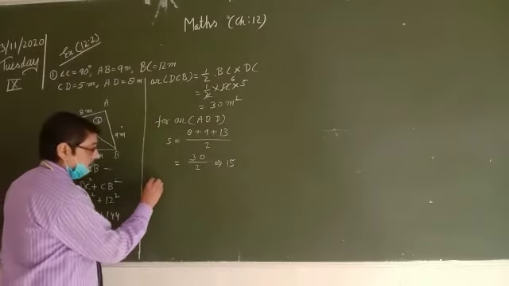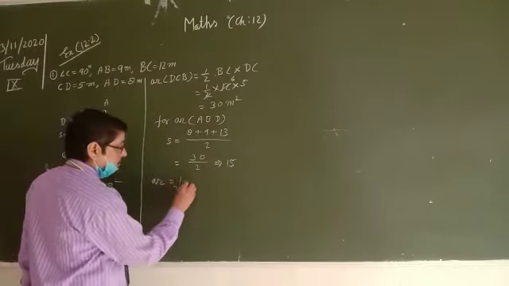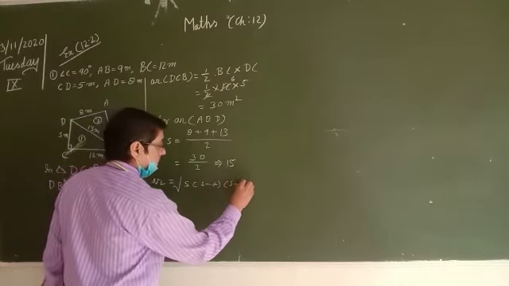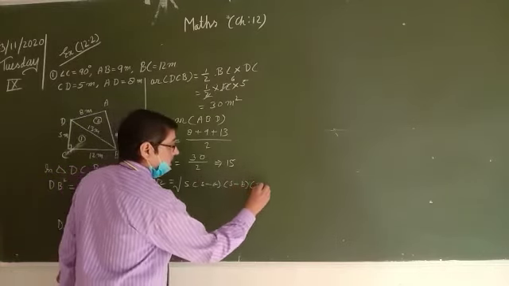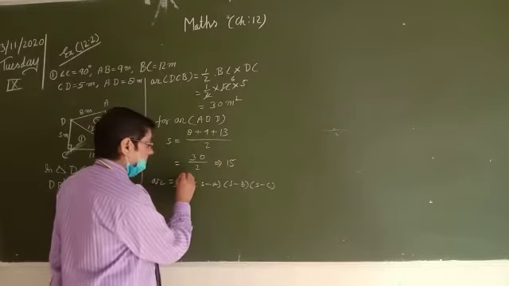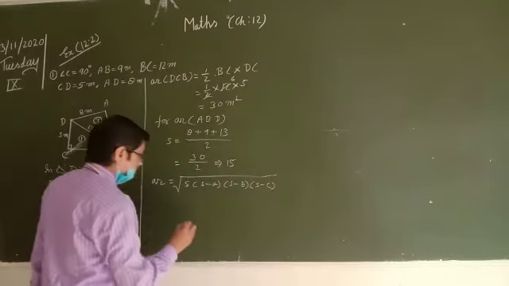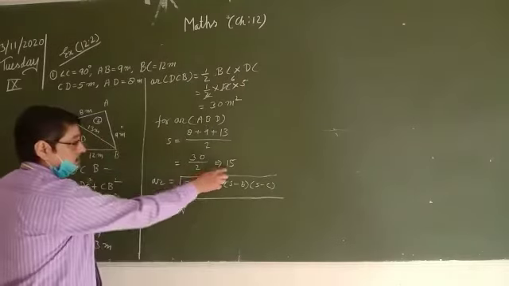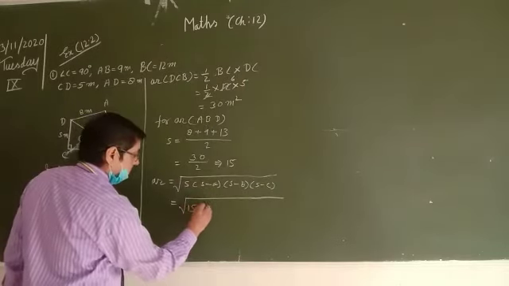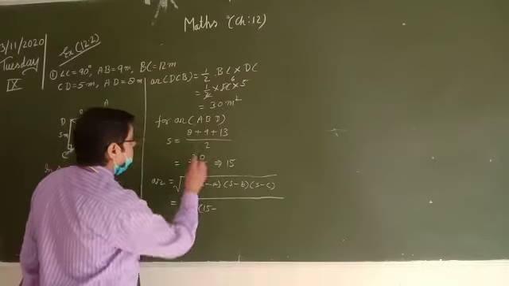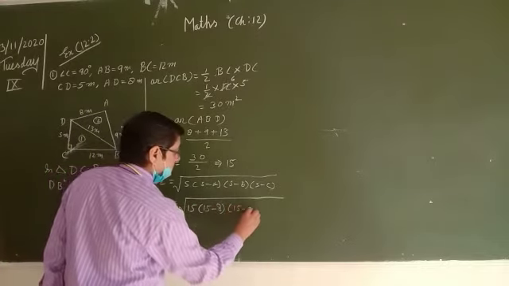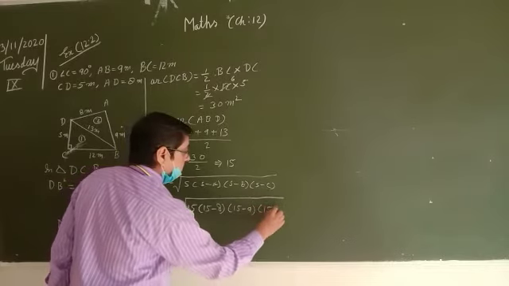Now apply Heron's formula: under root of S times S minus first side, S minus second side and S minus third side. A, B, C are representing the first, second and third sides. Right here S is 15. Now 15 minus 8, 15 minus 9 and 15 minus 13.